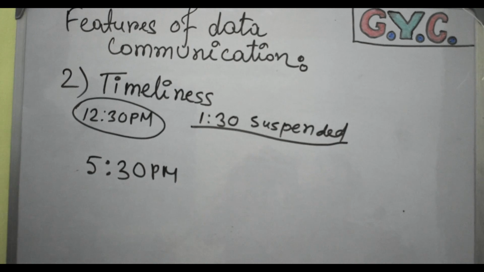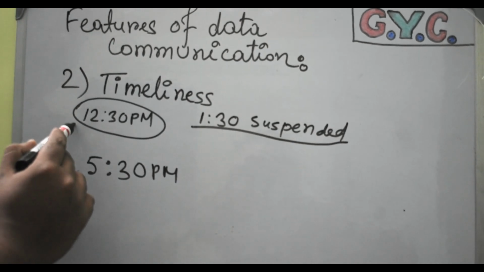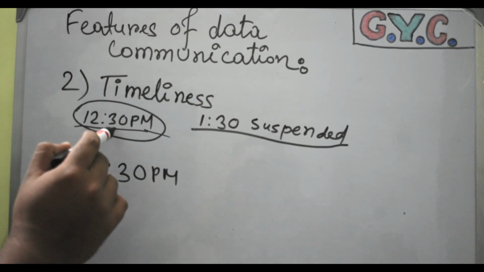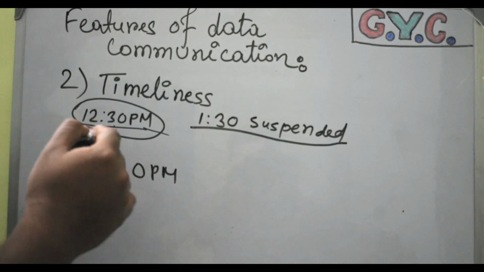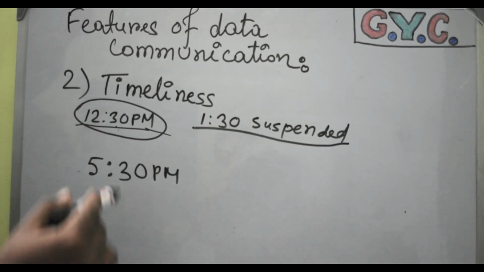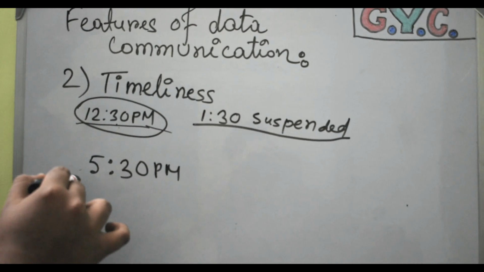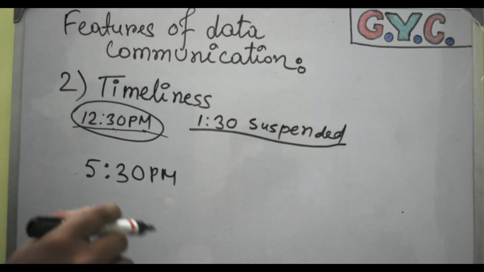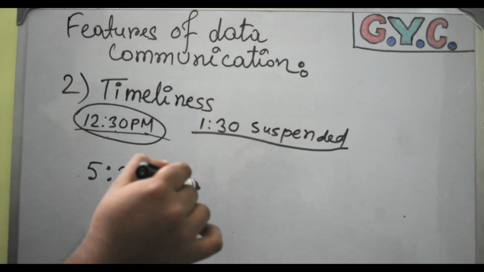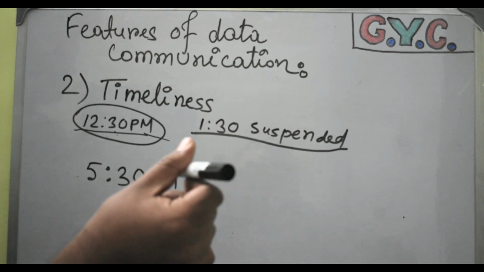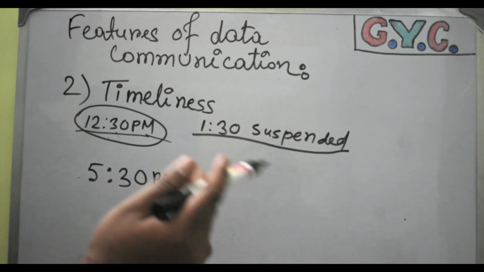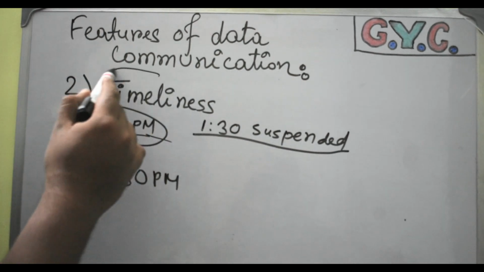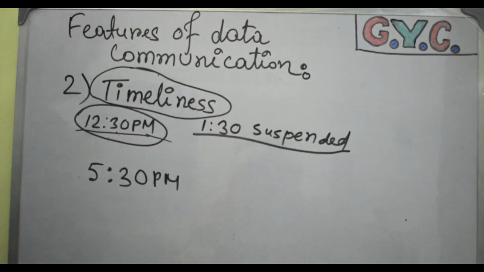Obviously no. If you send the message at 12:30, then your friend should receive it instantly, at 12:30 or shortly after. Receiving it at 5:30 is of no use. So you must assure that the message is delivered to the receiver within the expected time frame. This is defined by the word timeliness.